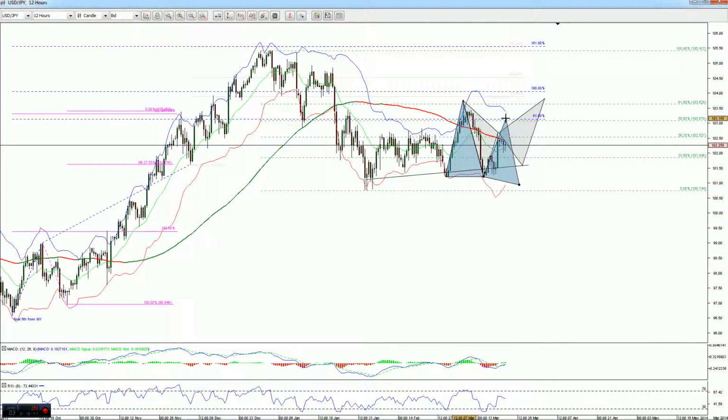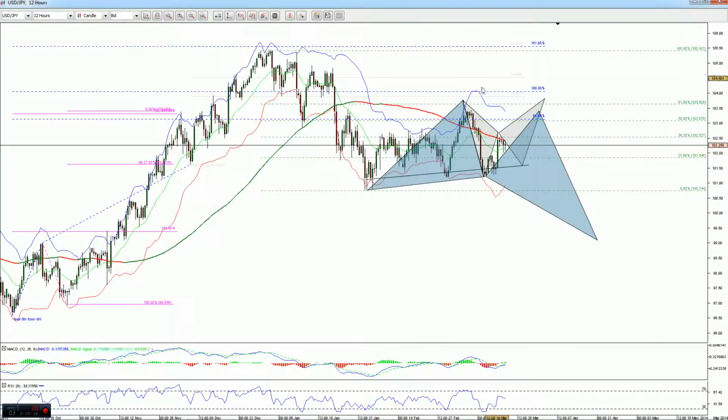So I have a bat pattern, but it's not that perfect yet. Something like that. This would look better. Okay, this one. So you can see that the market may need some time for this to complete. This would be a nice bat pattern. This will need some more time to be completed, but this is another story.